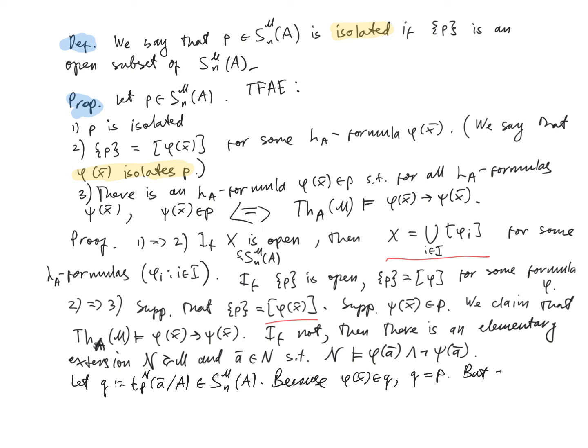But we also have that the negation of psi of x bar is in Q, but this is a contradiction, since by assumption psi of x bar is in P equal to Q. So we get a contradiction.